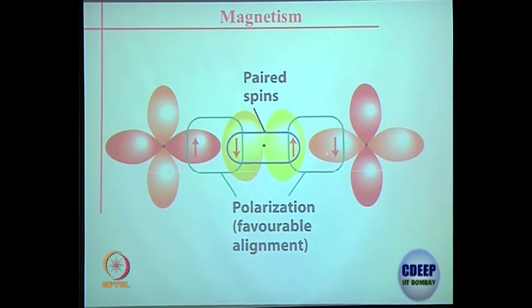That will enforce this spin to be down. To start with, you have up spin for this, up spin for that, 2 centers up, up. Since they are bridged by a second ligand, let's say oxide, O2 minus, it has 2 unpaired electrons.